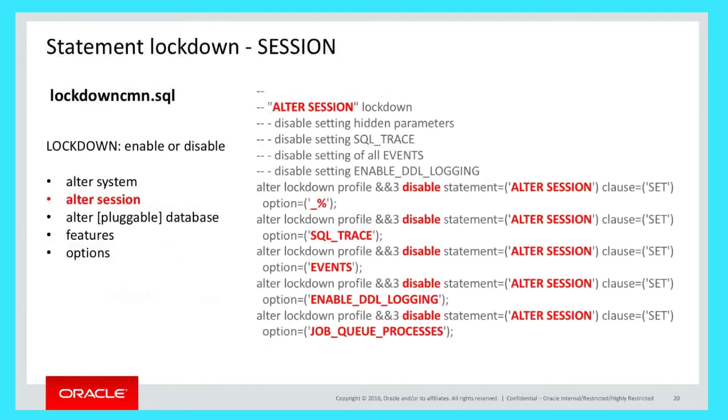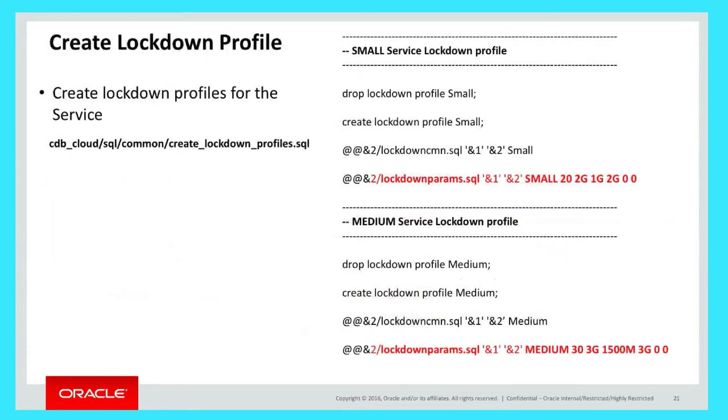We have internally certain scripts that basically issue each of these different statements and create the lockdown profile, passing in the shape of the PDB and the attributes of that shape.